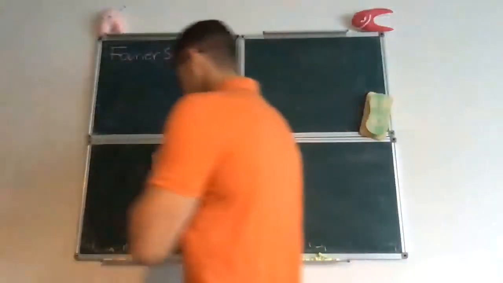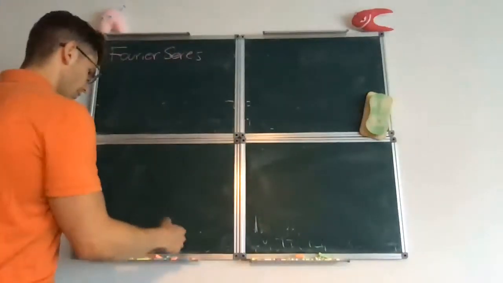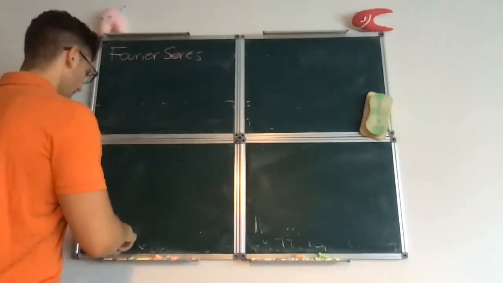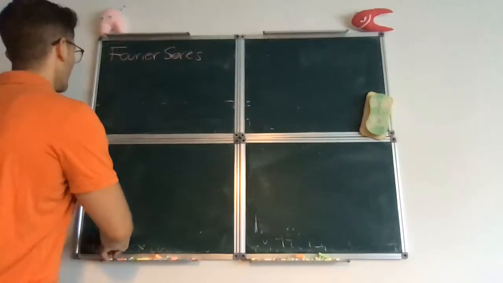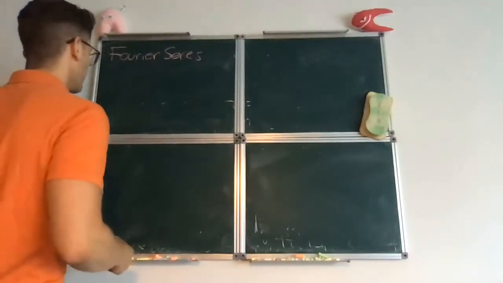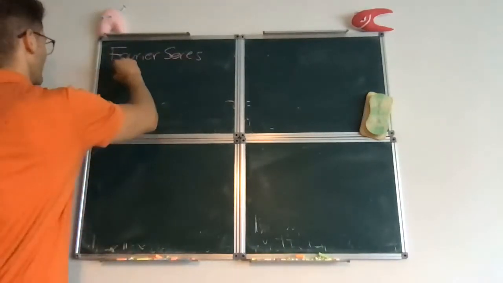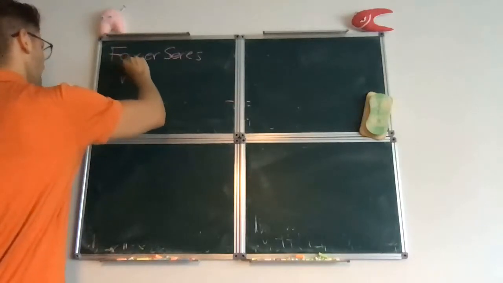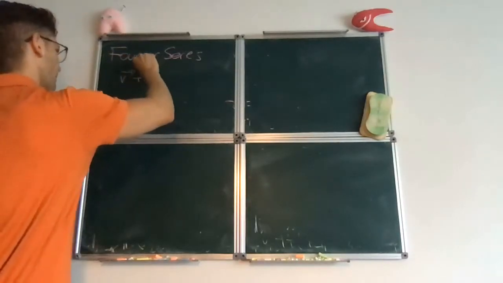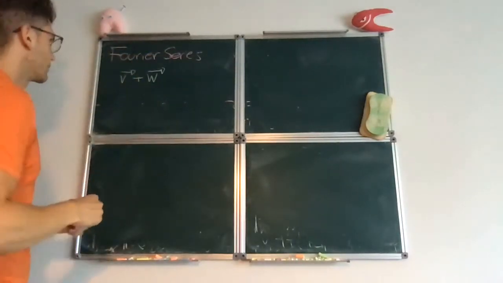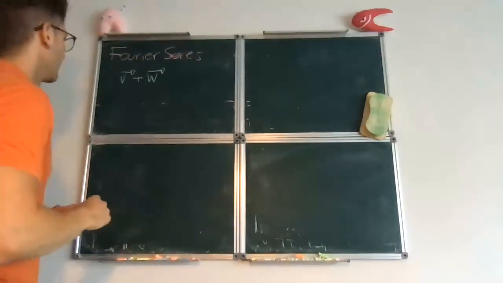So just remember that so far, when we have discussed vectors, there are things that you can do with vectors. So for example, if you have two vectors, then you can add them together, right? And then you get a new vector.